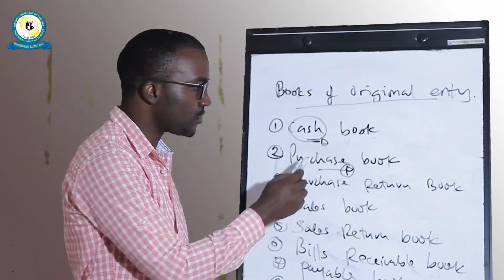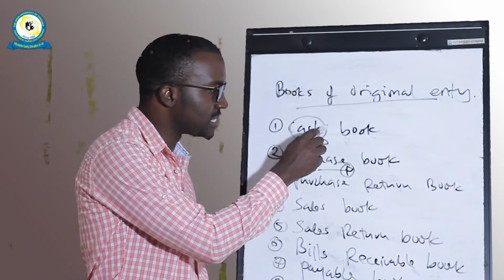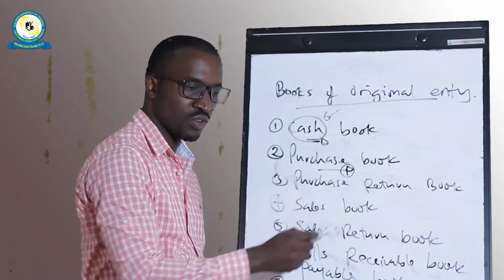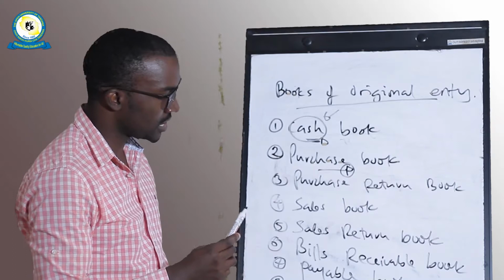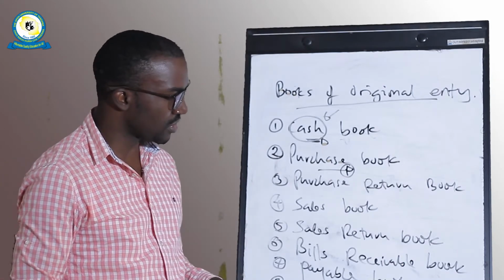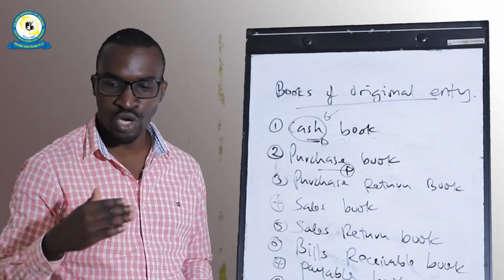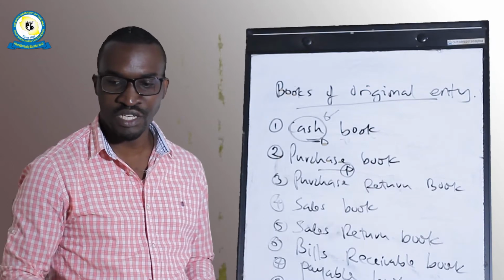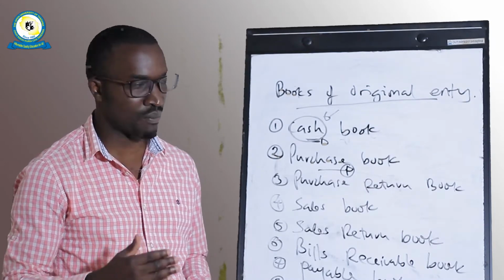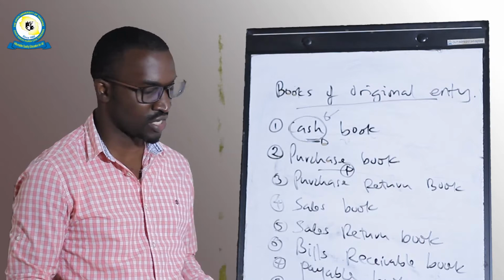Note that here we are not recording cash payments and receipts; that's why you have a cash book. The purchase book is one of the books of original entry where we record the credit purchase of goods of a company, those purchases made on credit terms.